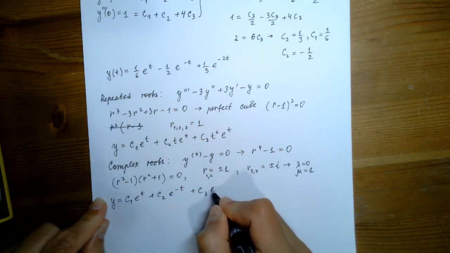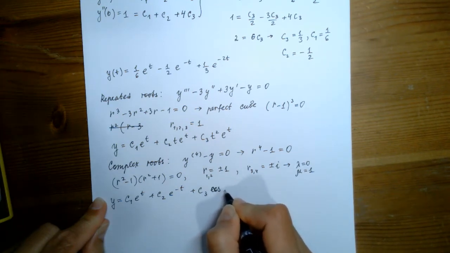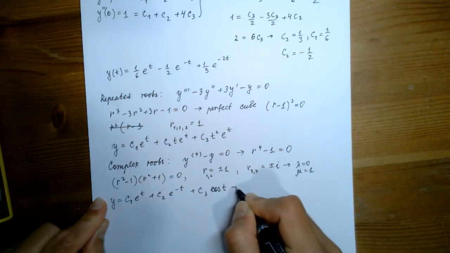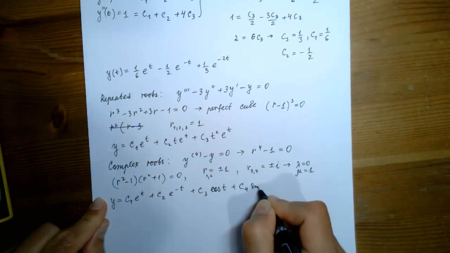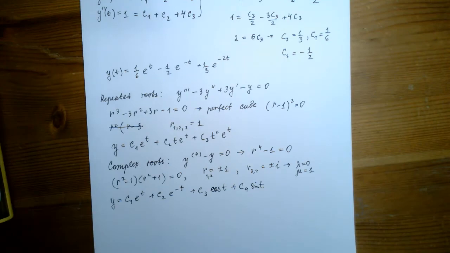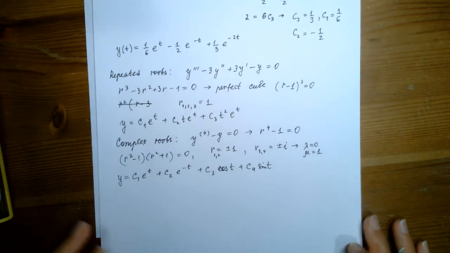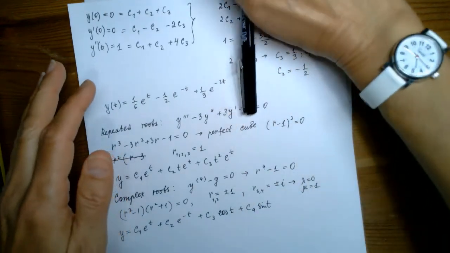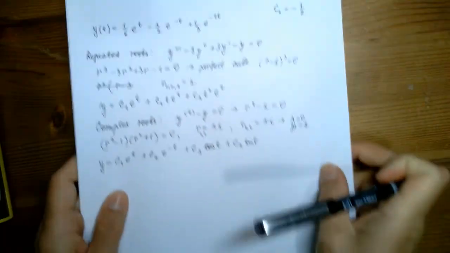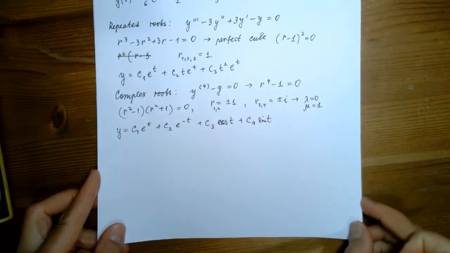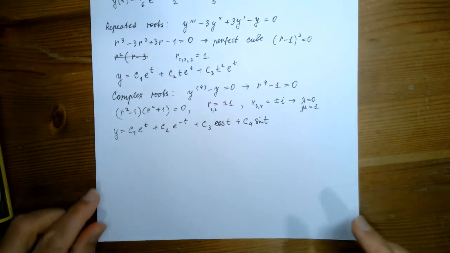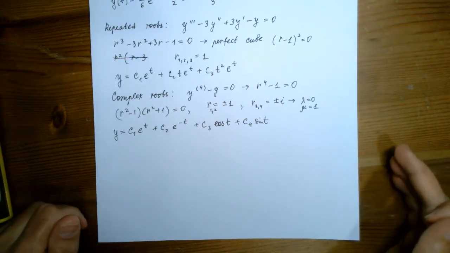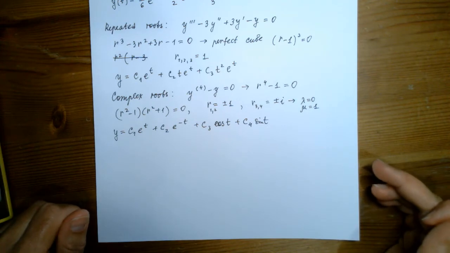So c3 cosine of t plus c4 sine of t. Well, let me make sure that we are going to keep it straight. Okay, and the same way we can find the constants, not very complicated.